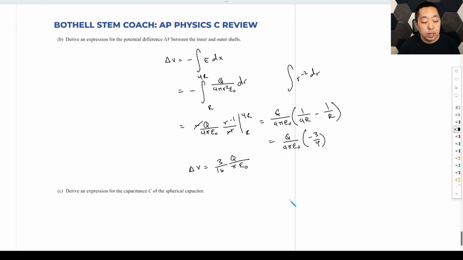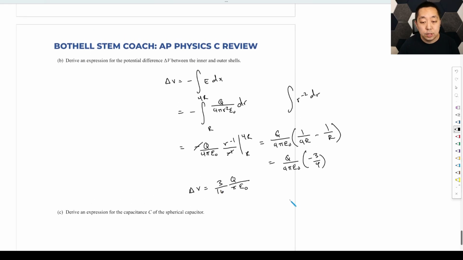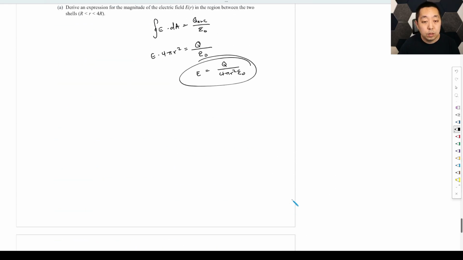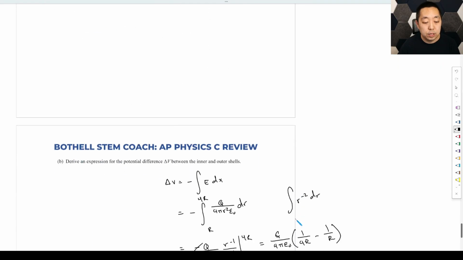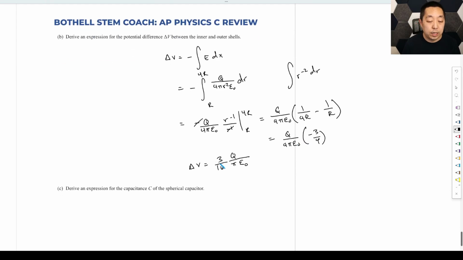Okay, and then now we want an expression for the capacitance of the capacitor. Q is equal to CV, so the capacitance is Q divided by the potential difference. So we're going to divide that over and bring that up.